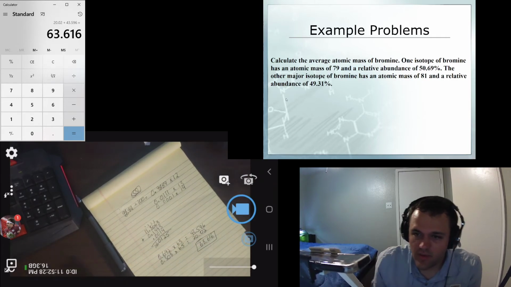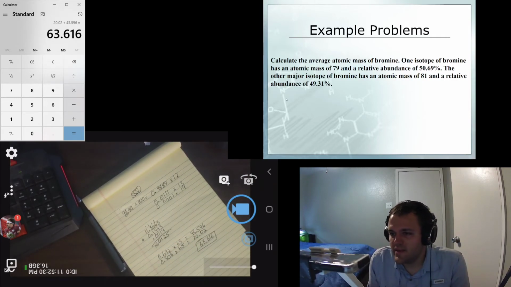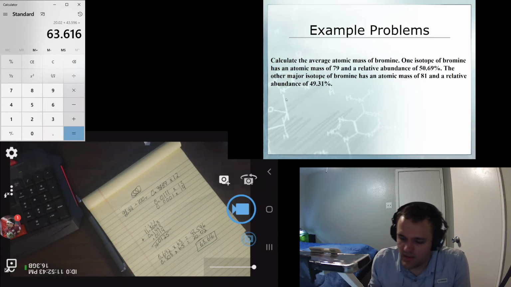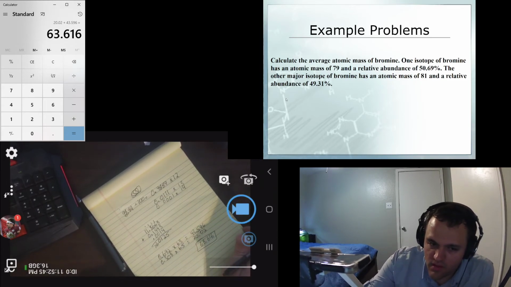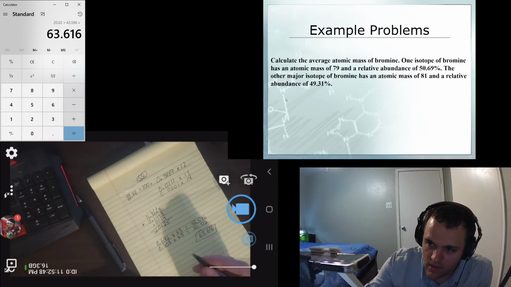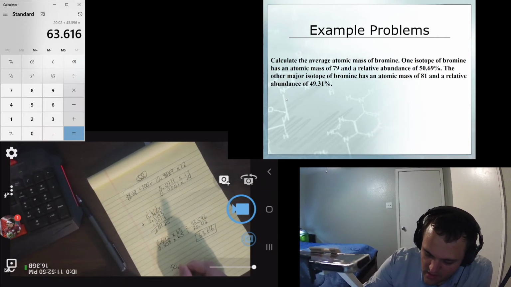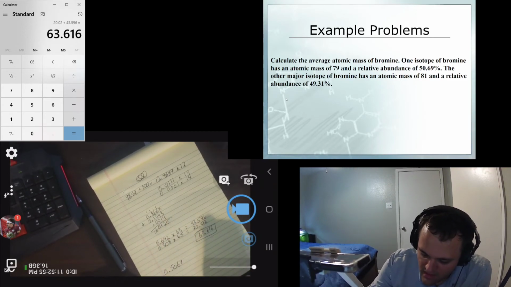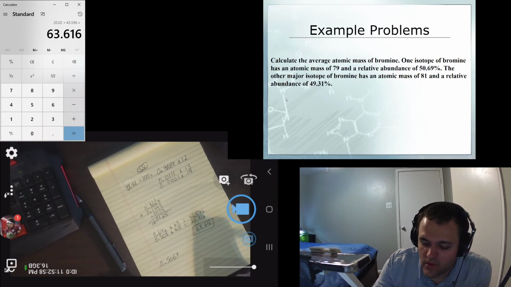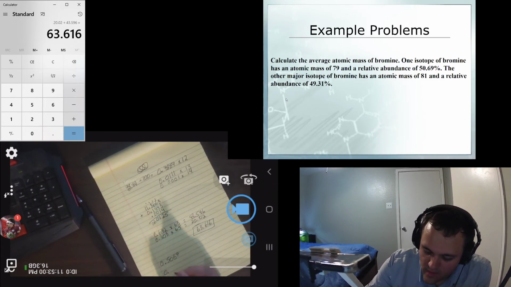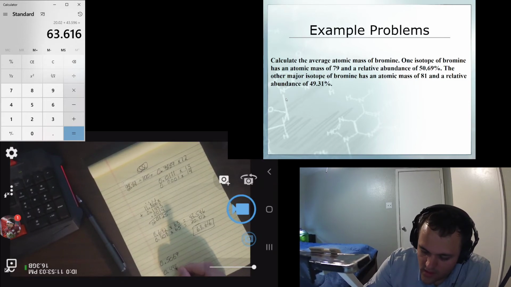The average atomic mass of bromine is what it wants to know. It tells us that one isotope of bromine has an atomic mass of 79 and an abundance of 50.69%. The other major isotope has a mass of 81 and an abundance of 49.31%. Again, the first step is to convert those percentages into decimals. So 50.69 ends up as 0.5069, and 49.31 ends up as 0.4931.